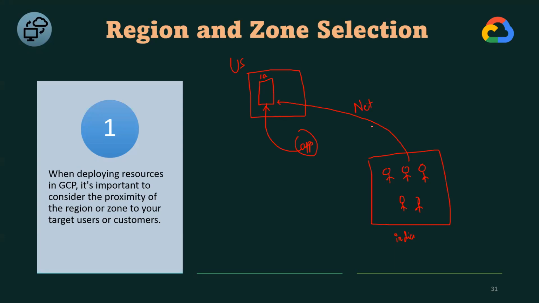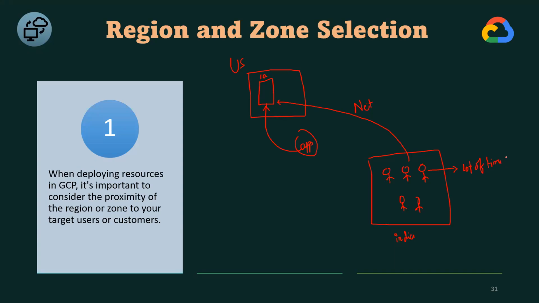Latency means the buffer time or the seek time to access something, and it is very high here. From today and tomorrow onwards, the people think it is taking a lot of time, and they don't want to use the application. That's where you may lose your business.